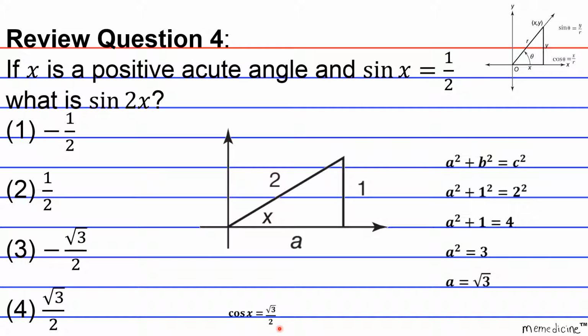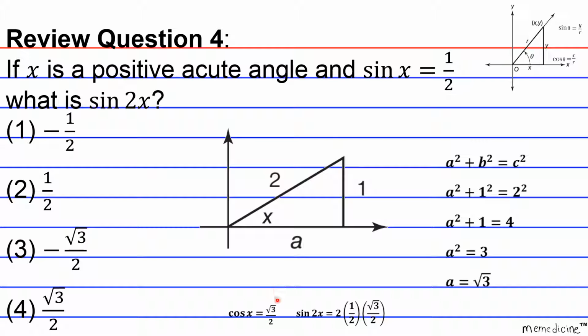Okay, so now we can go back and input this information into our double angle formula, because remember, the double angle formula says that the sine of 2a is equivalent to 2 times the sine of a times the cosine of a. Well, we figured out our cosine, we're given our sine, now let's solve. The sine of 2x is equivalent to 2 times 1/2, remember that's our sine, times the cosine of x, which is radical 3 over 2.